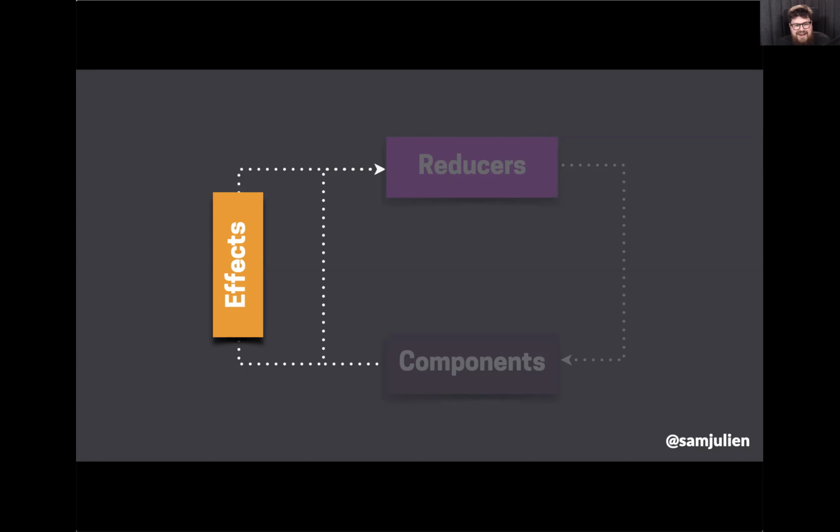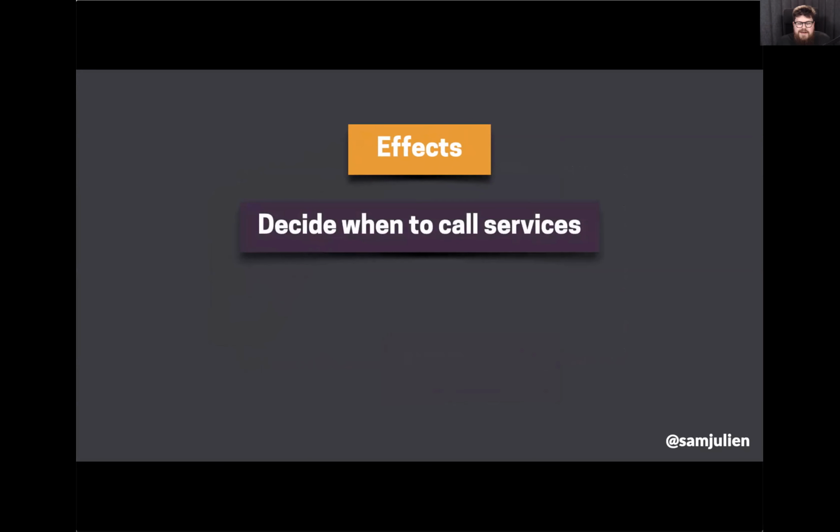So on the left side here are the effects, and the effects are listening for actions and handling side effects. Effects do a few different things, and I want to walk through them. First of all, they decide when to call services. I think this is the main thing that people think of when they think of effects.